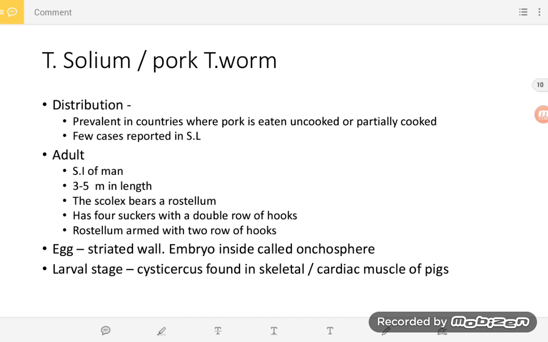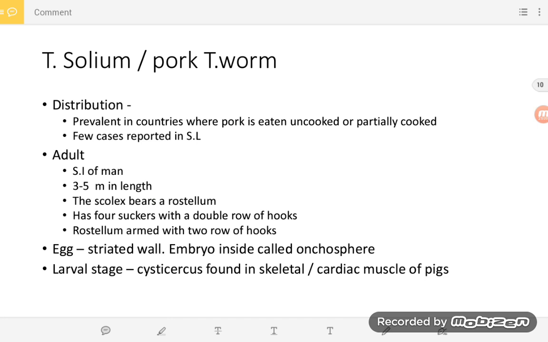When we consider the scolex or head part, it is either bare or contains a rostellum and has 4 suckers with a double row of hooks. The rostellum has 2 rows of hooks, and we can see the 4 suckers and the rostellum here, arm-shaped, with 2 rows of hooks.